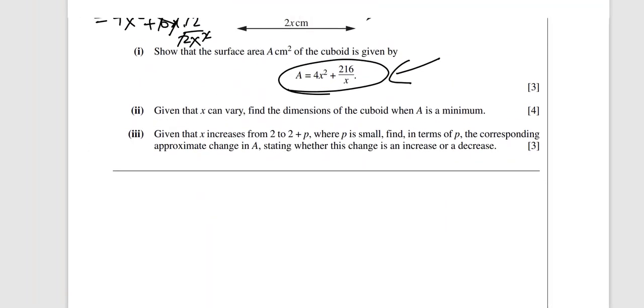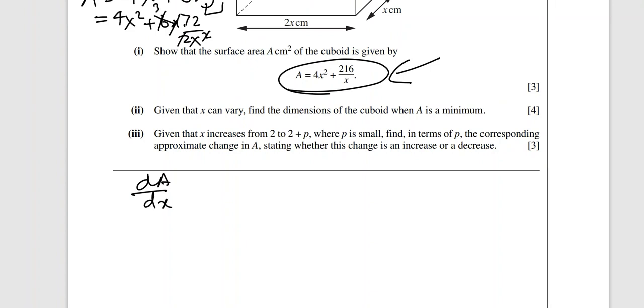Given that x can vary, find the dimension of the cuboid when A is minimum. Minimum means stationary point they are talking about. So let's find dA over dx. Okay, because A is minimum, that means we have to find the minimum point of dA over dx. So let's differentiate this.